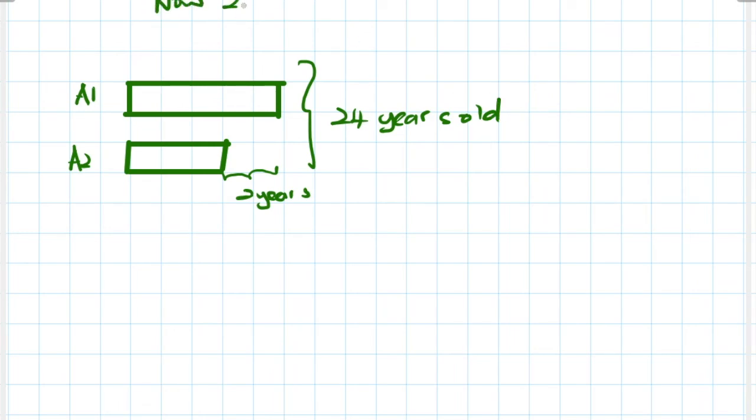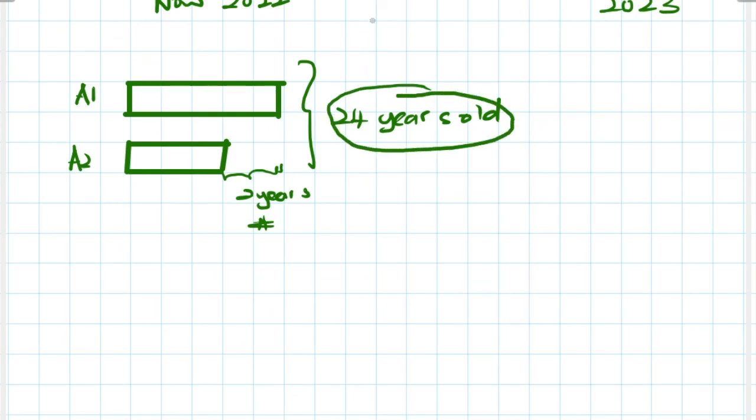So in 2022, your age difference is 2 years. In 2023, your age difference must still be 2 years. But the sum of both of your ages is no longer 24.